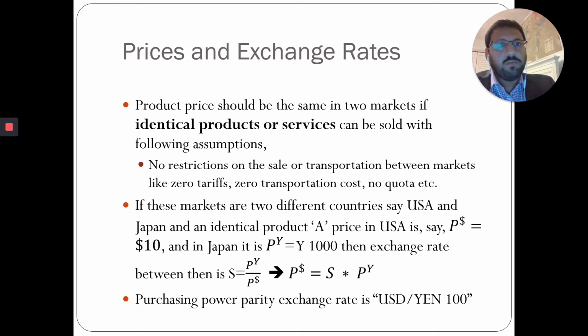From here we can find out the exchange rate. In that case, the exchange rate S should be 100 yen per US dollar. So this is the price currency per US dollar, this is the quotation, and this is 100 yen, right? If you simply divide 1000 yen by $10, we will get the exchange rate.